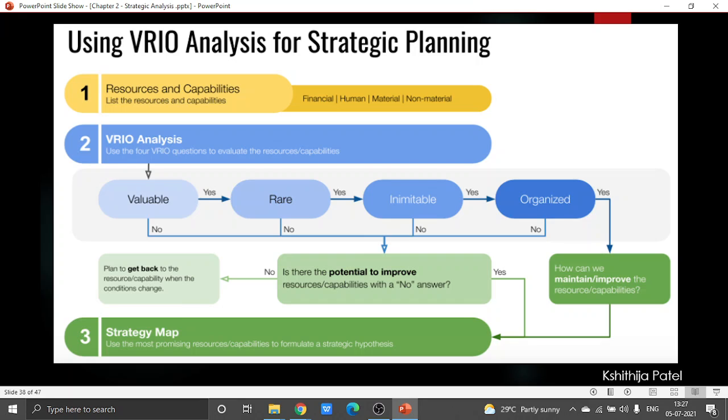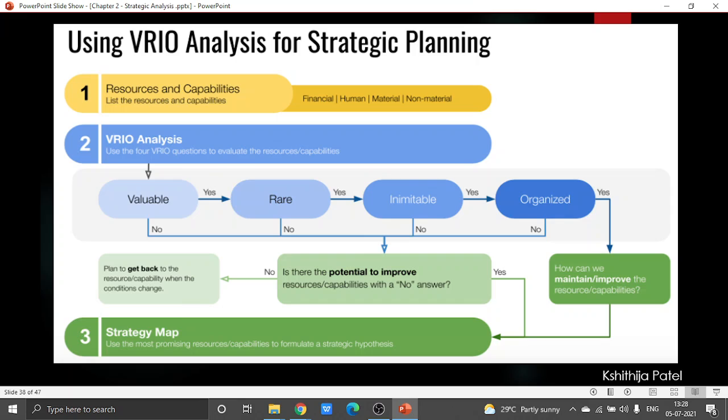And we have inimitable. Inimitable is where an asset is matchless and non-substitutable. So if it is troublesome for any other firm to get it or to substitute something else in its place, it is inimitable.